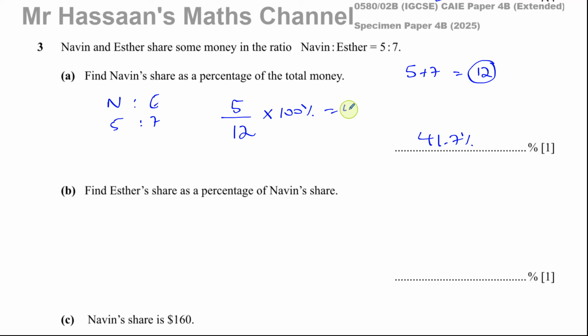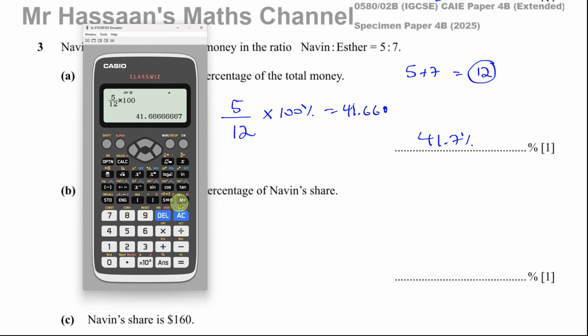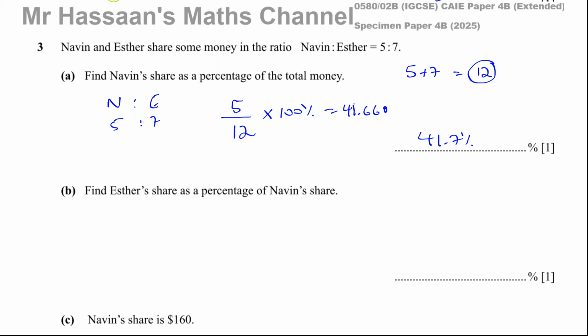We end up with 41.666 recurring, or we can say we ended up with 125 over 3 from my calculator, which gave us 41.6 recurring, which becomes 41.7. Round to 3SF if it's not exact.